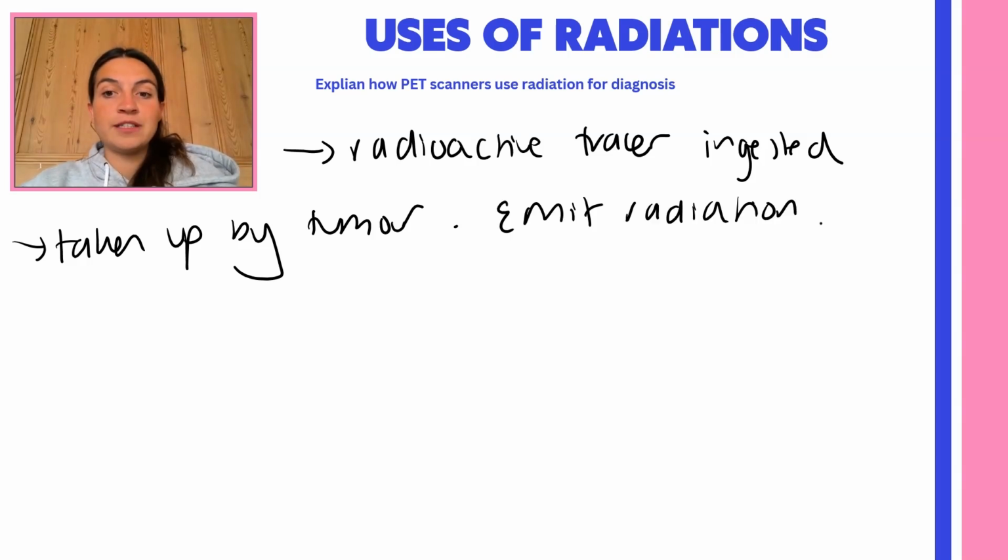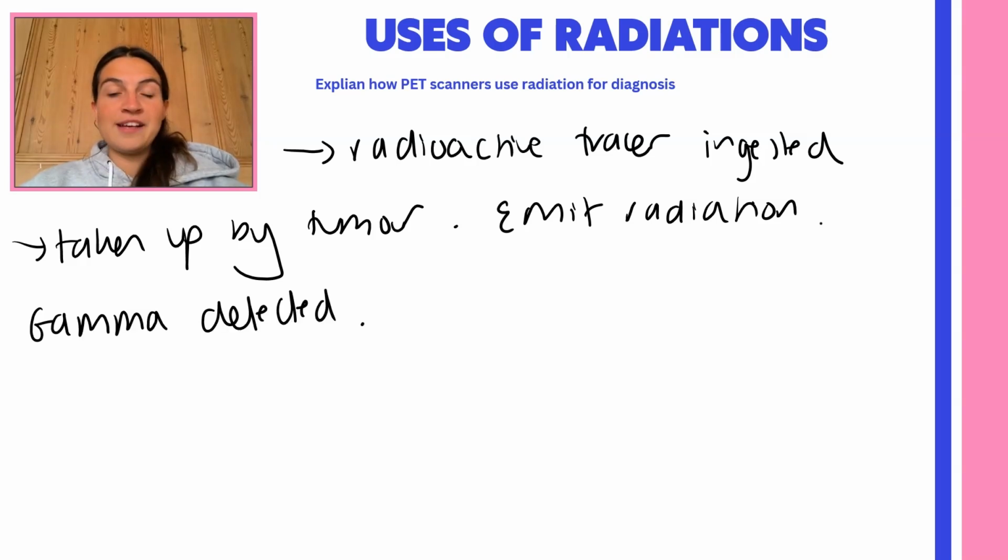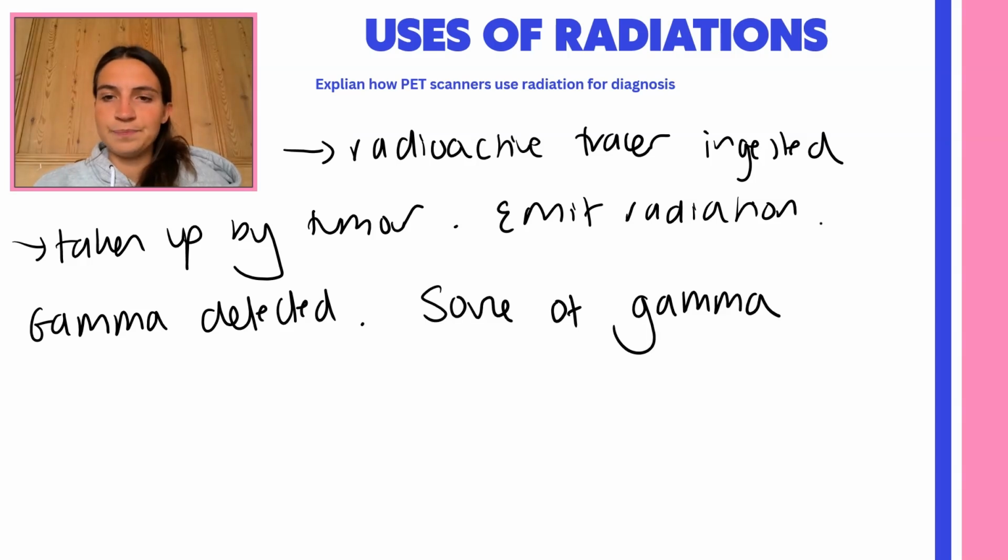It actually emits beta first, and that decay in turn makes it emit some gamma radiation as well. And those are the bits we're interested in. So gamma rays are then detected because the patient is put into a scanner and is surrounded by a detector. So gamma inside their body penetrates out of their body to the detector and is detected.